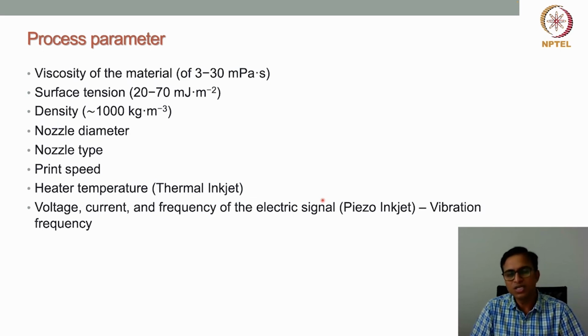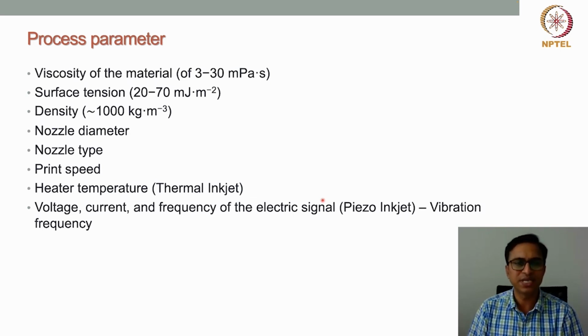As we have already discussed, in case of inkjet 3D printing, the viscosity of the material cannot be very high. So we use some low viscous material, in this particular range, like 3 to 30 millipascal second. So the viscosity of the material should be in that range.